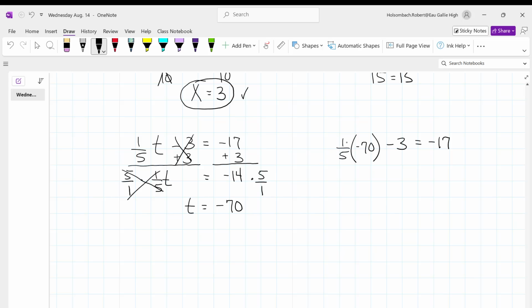In your calculator, you can type 1/5 times negative 70, equals, we get negative 14, minus 3 equal to negative 17. And negative 14 minus 3 is negative 17, and it's equal to negative 17. So this solution works, and it is correct.